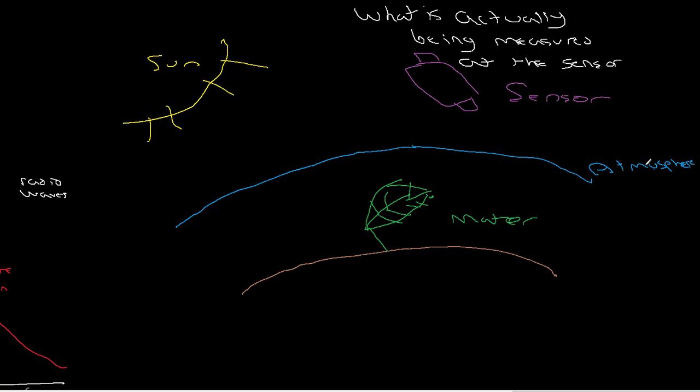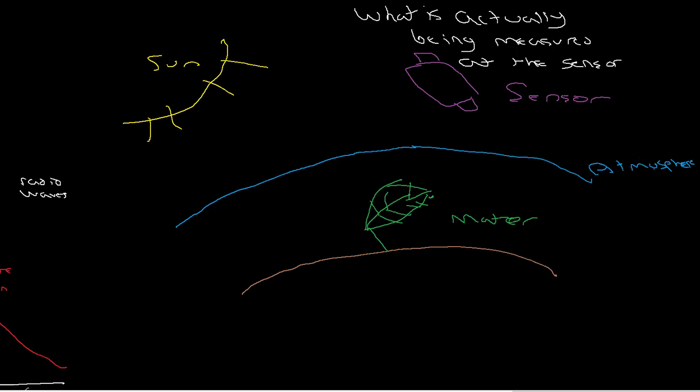This is also matter. And so what that means is the same concepts that we talked about with our leaf last time apply to the atmosphere as well. But if what we're interested in instead is this leaf, or the matter on the ground, we have to realize that this atmosphere is here as well.